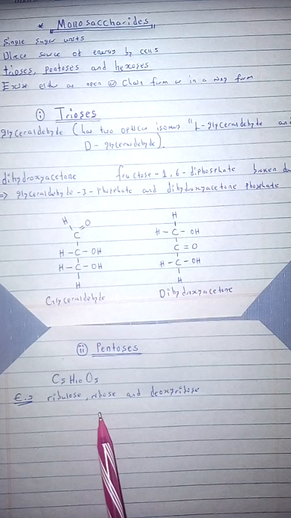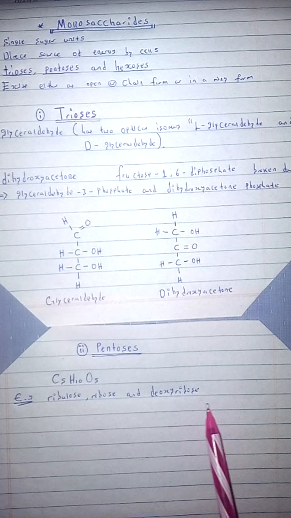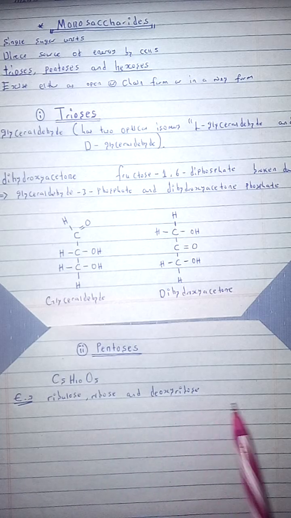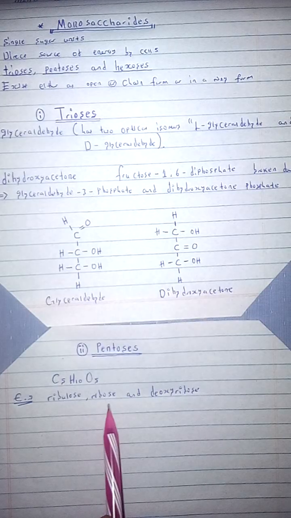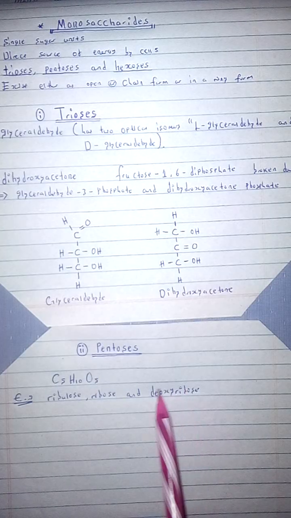What about ribose and deoxyribose? These are simply components of nucleic acids. To be specific, ribose is a component of RNA, which is ribonucleic acid, right? Then deoxyribose is a component of DNA, which is deoxyribonucleic acid.